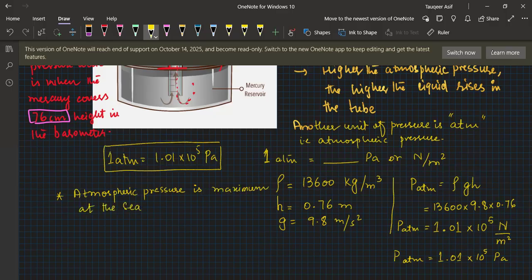And if you go to an altitude or height, the atmospheric pressure is lesser. Atmospheric pressure reduces.